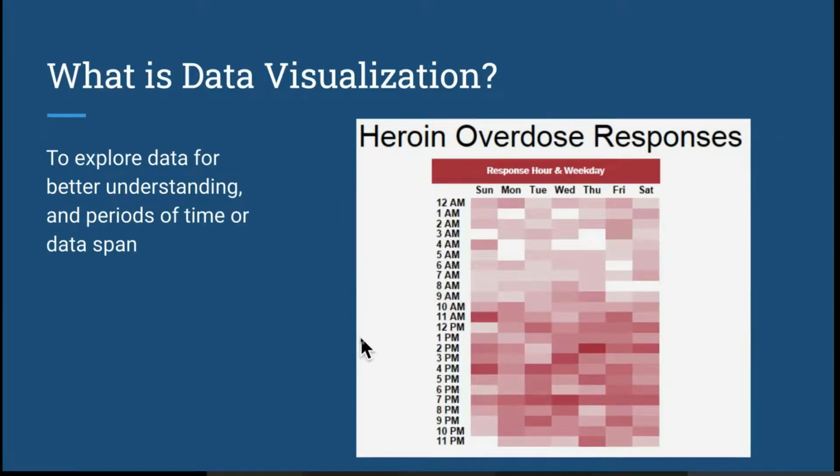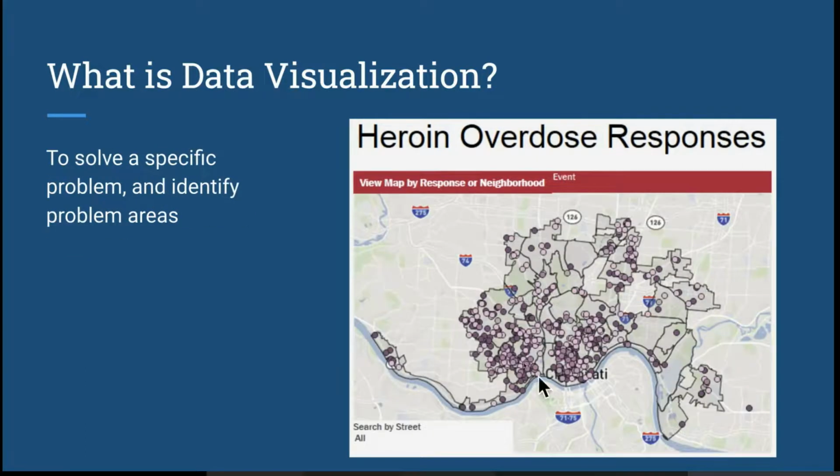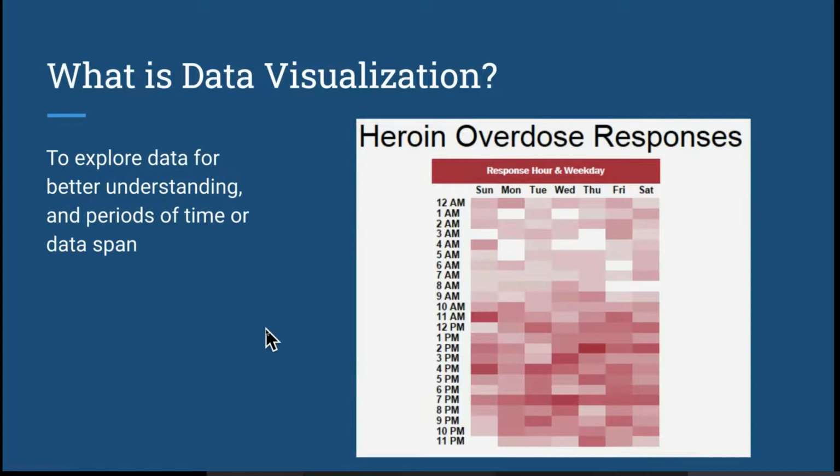This is another way that you can highlight the same information that you saw just now. On the previous chart, we showed the information in a geographical format for the heroin overdose. We can also look at the data in another format, which is what we call the time format.